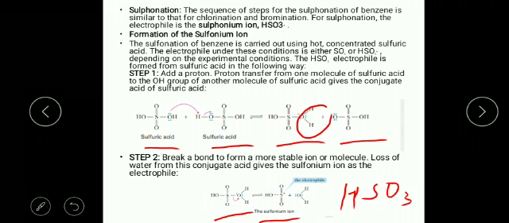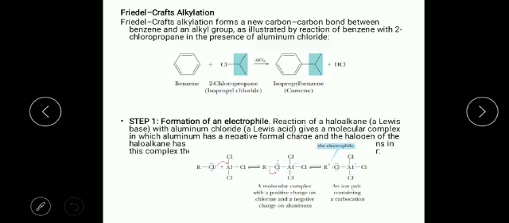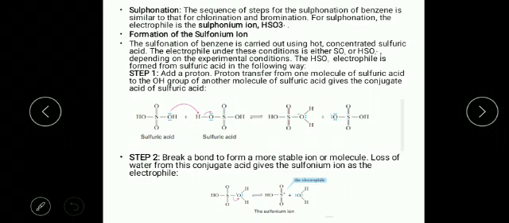This is the sulfonium ion, the electrophile for the sulfonation reaction. The other steps for sulfonation are the same as nitration. In the third step, this sulfonium ion forms a covalent bond with benzene, and after that in the fourth step it takes a proton away from the benzene.